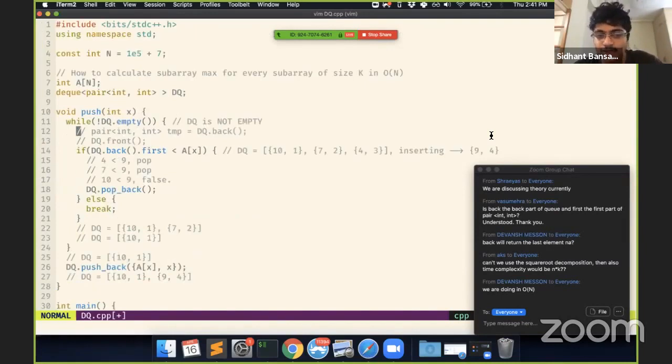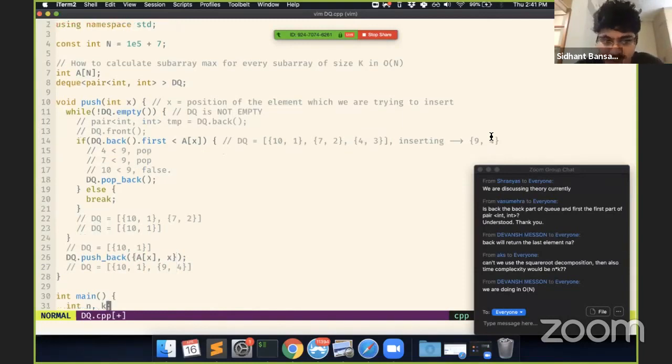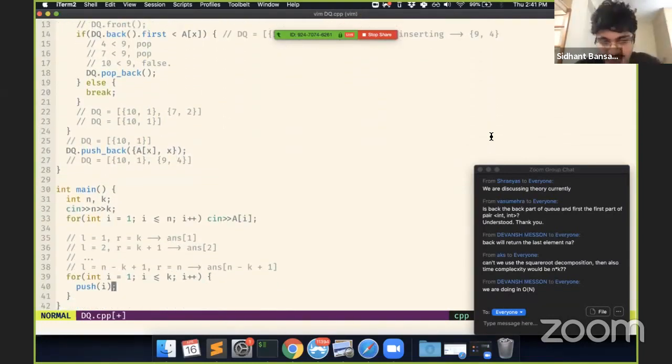Here, x is the position of the element which we are trying to insert. So ax and x is the position itself, which we want as the second thing. Notice that in the push function, we didn't ever use the second element of the pair, but that doesn't mean it's not useful. We'll see it later.